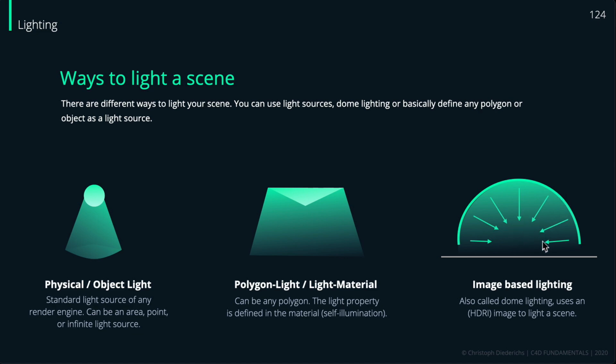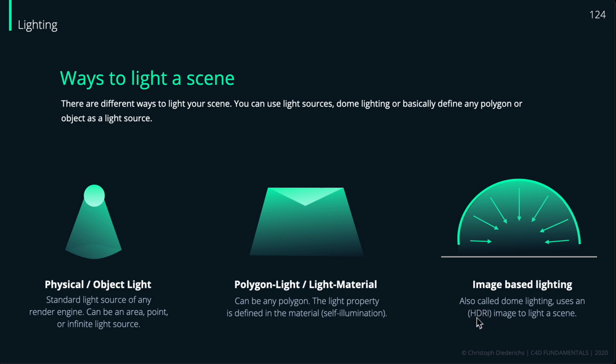That's a very useful technique if you don't want to set up a lot of lighting in your scene, and for example you just want to render an outdoor exterior scene. We can just use, for example, an image which we took outside from the sky and make that our image source. The HDRI stands for High Dynamic Range Image, and we come to this in a later video.